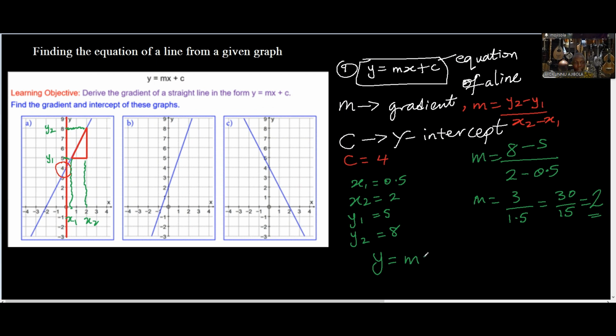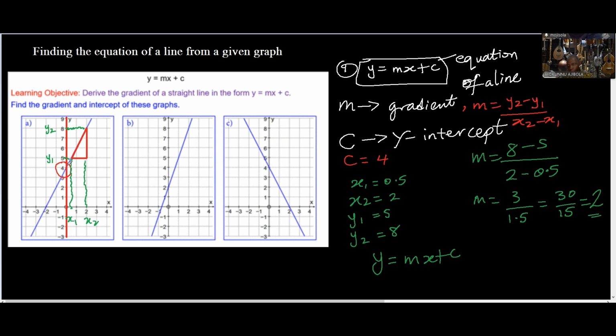Y equal to mx plus c. What is m? M is gradient. What's the value? 2. Very good. What is c? C equals 4. Where did we get the 4 from?